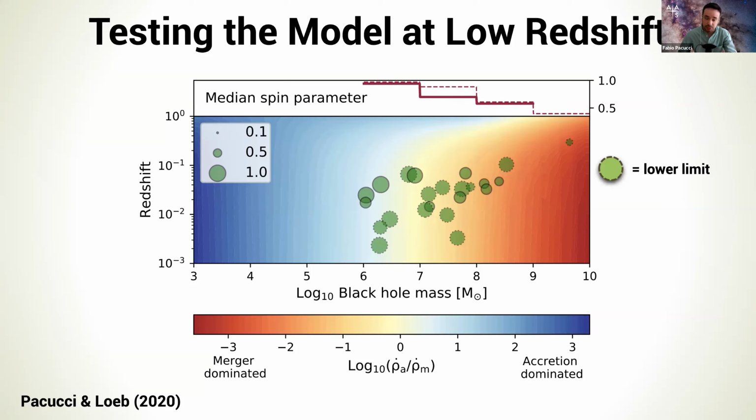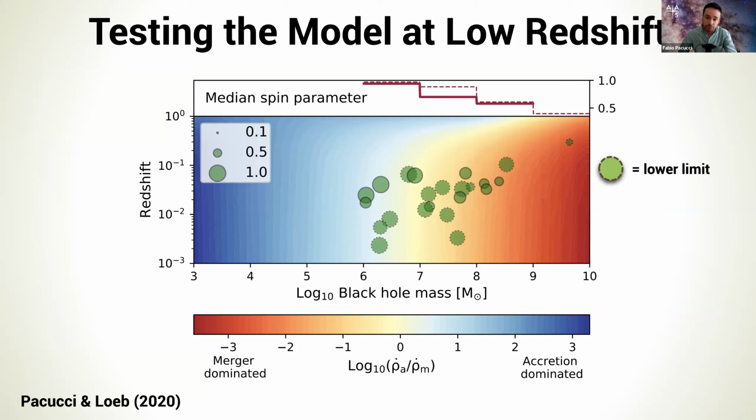Measuring the spin, as we know, is very tricky, because you need to probe very close to the event horizon of the black hole. But we are looking forward especially to testing our model at higher redshift, because we could go into regions in which the accretion onto the black hole is not as efficient as in the low redshift universe.